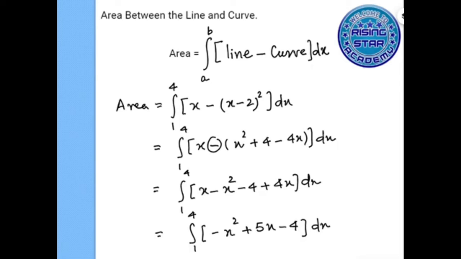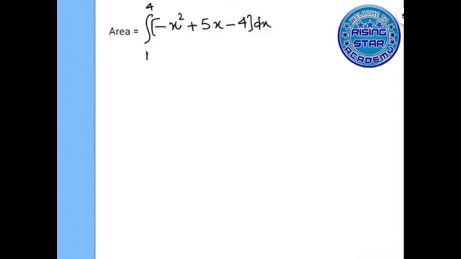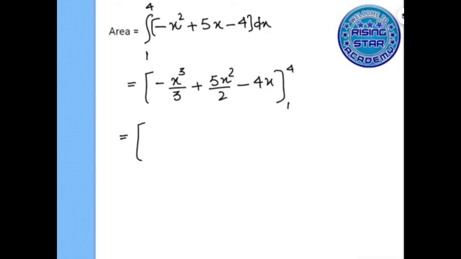Now we will integrate and put the limits to get the area. So we have minus x cube over 3 plus 5x squared over 2 minus 4x, limit 1 to 4. Now I would plug the upper limit.